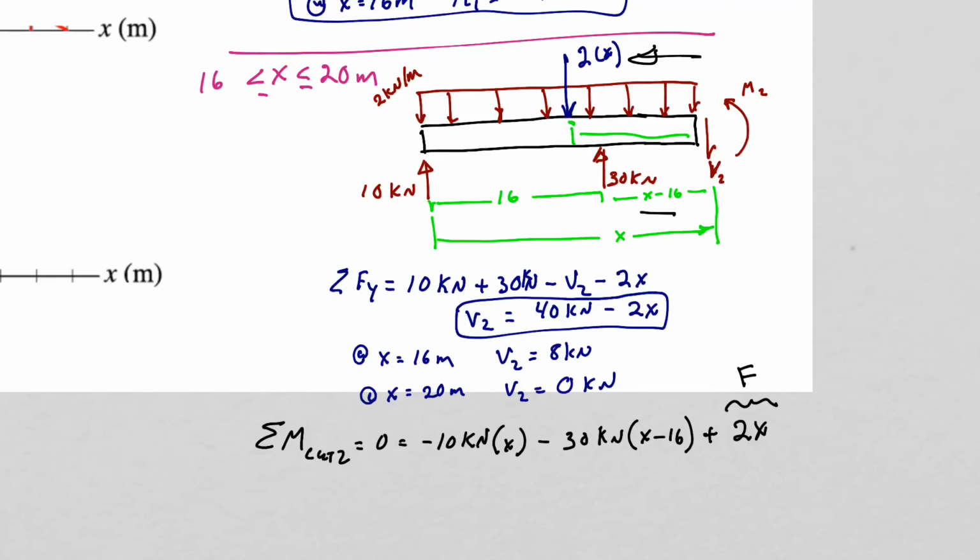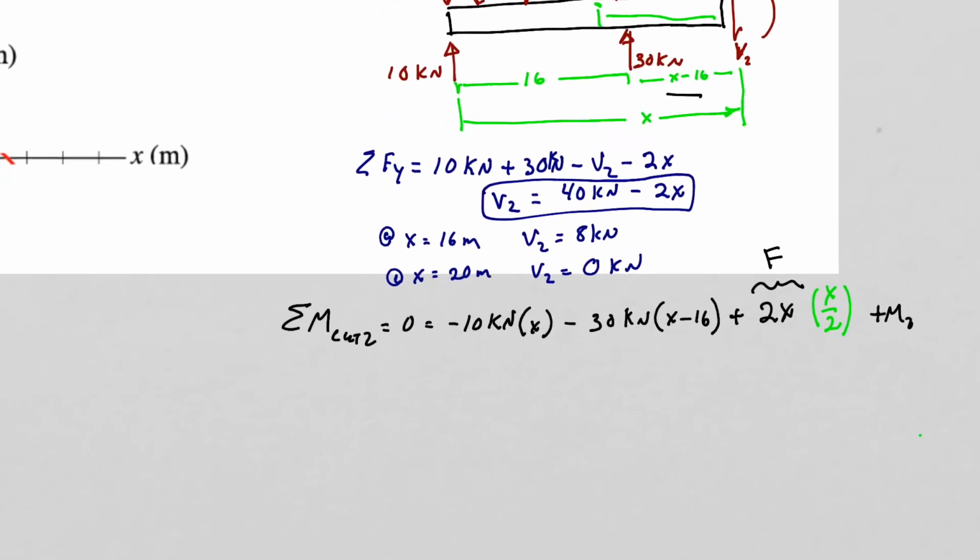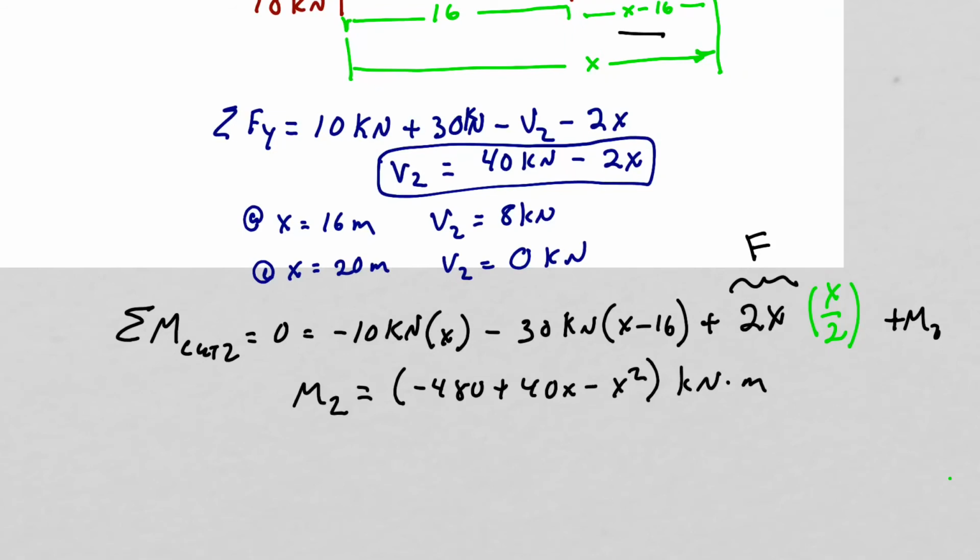So, again, that's still just x over 2. And then last, we have, of course, our moment M2. And now we can solve for M2. Here's what we get when we solve for M2.